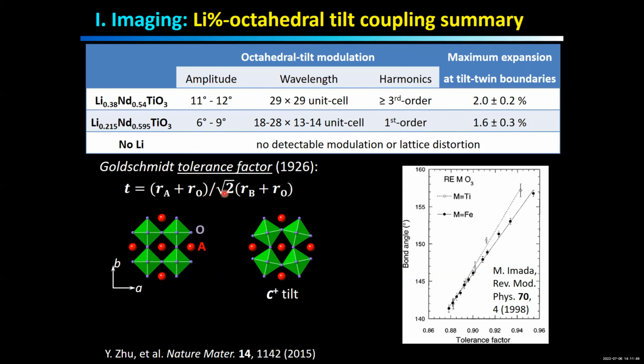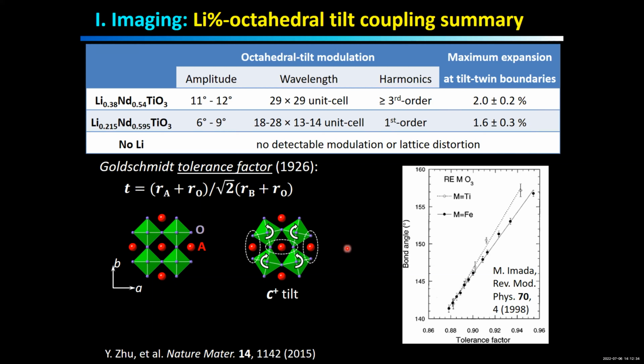For perovskite materials, the structure stability is indicated by this tolerance factor as defined by this formula. Here, this parameter R are the ionic radii for the A and B cations and the oxygen anions. If the tolerance factor approaches 1, then we will have the stable perovskite structure like this. But for small A cations, such as lithium, it will give a very small tolerance factor. To accommodate these small A cations, the oxygen octahedra will tend to tilt so that these two oxygens can be better bonded to this small lithium atom.